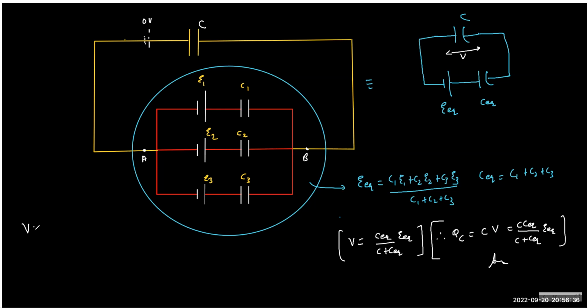So the V I can directly write, because V is the potential difference, as C1 E1 plus C2 E2 plus C3 E3 plus C0 times 0 upon C1 plus C2 plus C3 plus C0. That's it. See, the same answer.